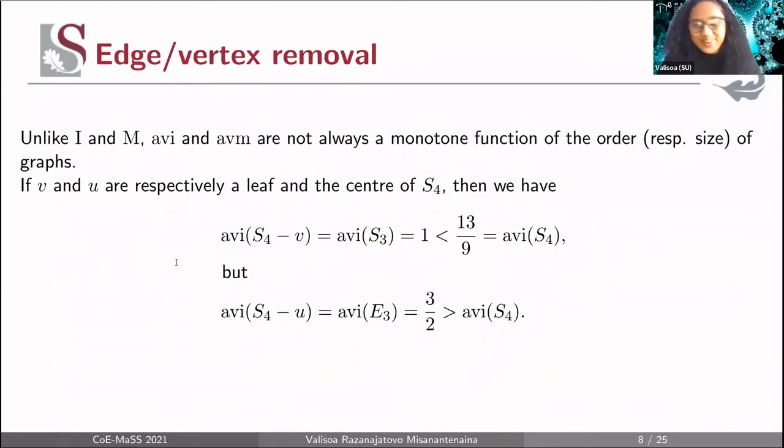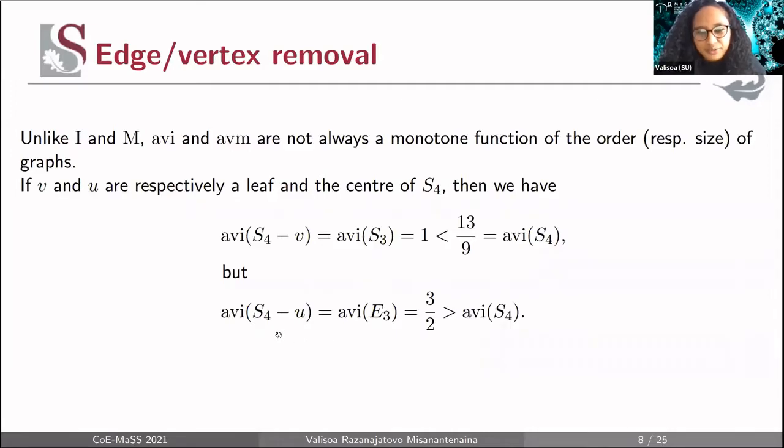So remember again our star graph S4. If we remove one leaf from the S4, then we have a star S3. And the average size of independent sets of S3 will be 1, which is less than the 13/9 we have computed. So it will decrease the average size of independent sets.